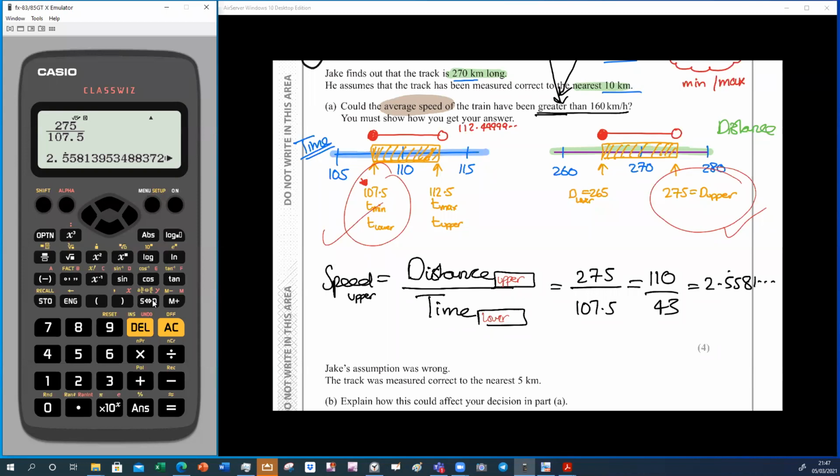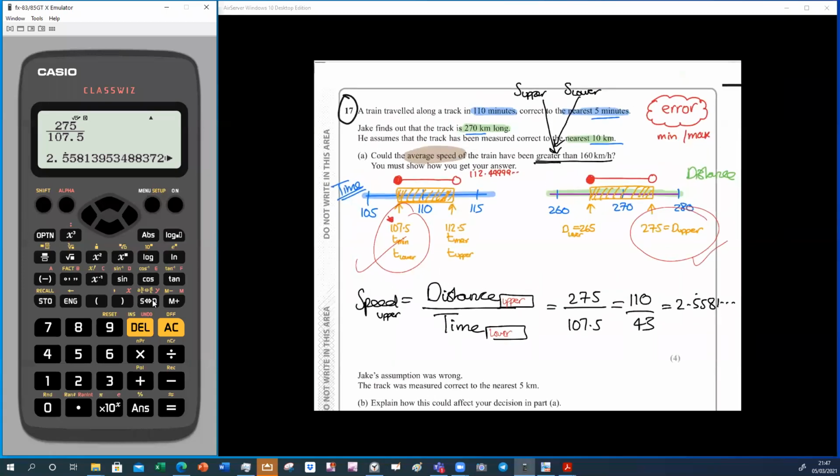Okay, now what have we just worked out, by the way? Think about the units of the question. They want us to work out the average speed in kilometers per hour. We've actually worked out kilometers per minute, because the question gives minutes and kilometers in the original part, but the answer is wanted in kilometers per hour.